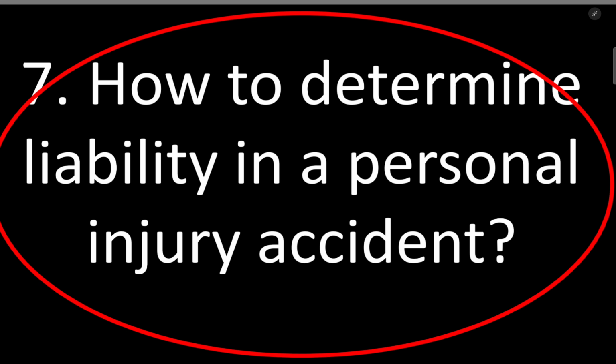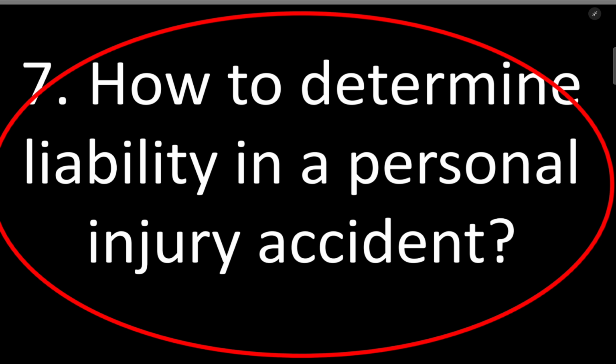For someone to be held liable in a personal injury case, you must prove that they acted negligently. For example, in a car accident, if the driver was speeding or texting while driving, they may be considered negligent.